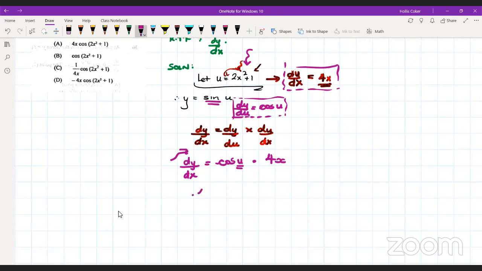So that's equal to 4x times the cosine of (2x squared plus 1). That's it. That's the answer.